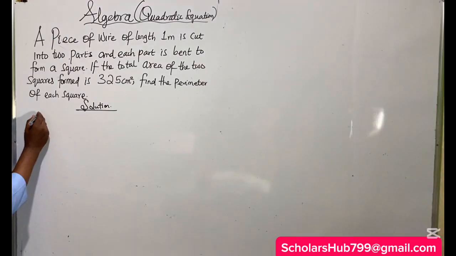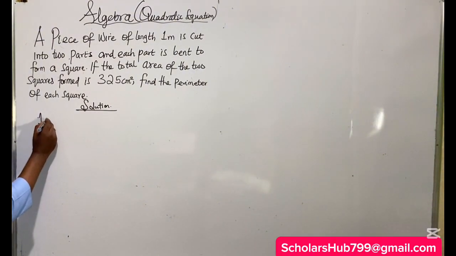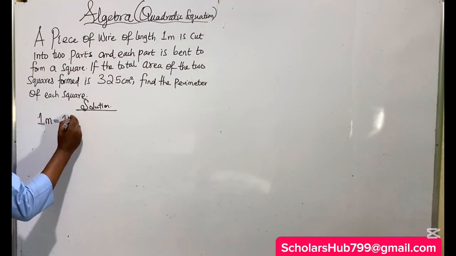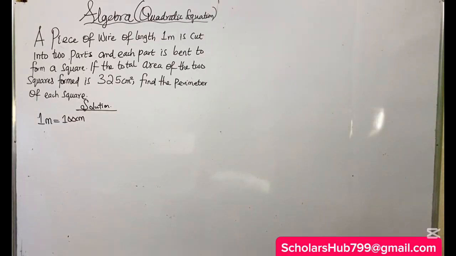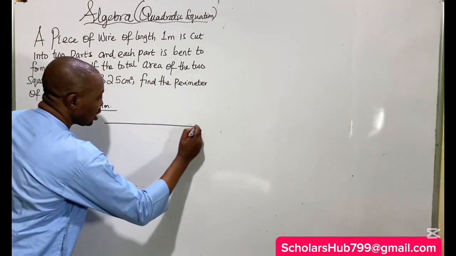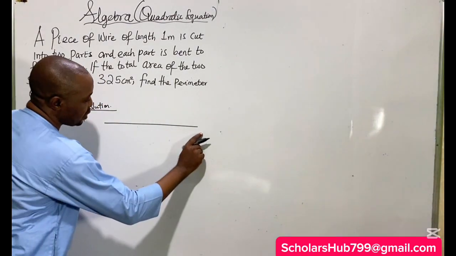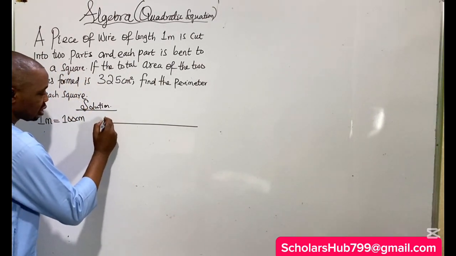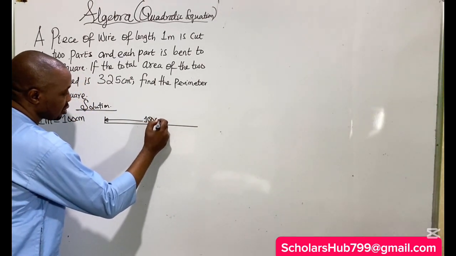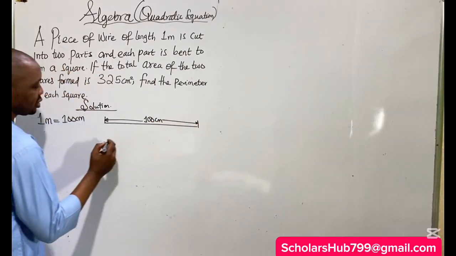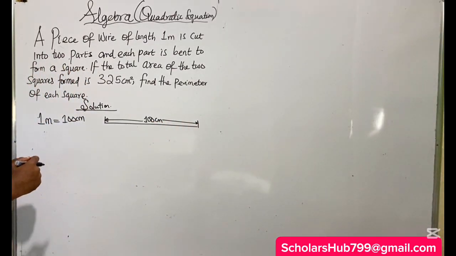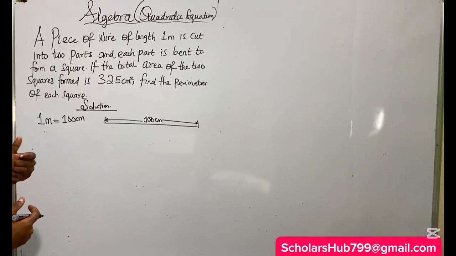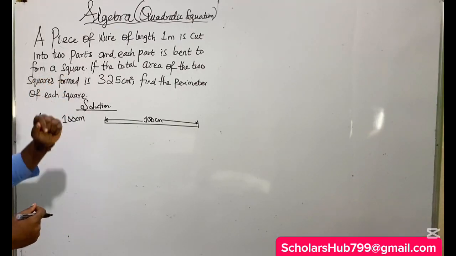So 1 meter is equal to 100 centimeters. Now let's say we have a wire piece whose length is 100 centimeters. The wire is cut into two parts, and each part is bent to form a square.